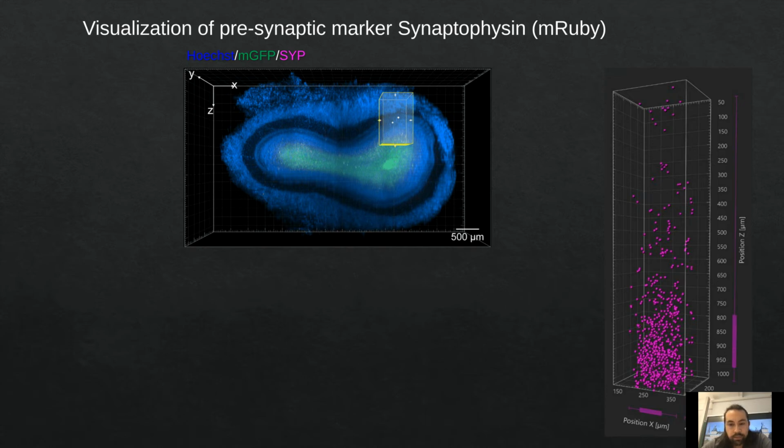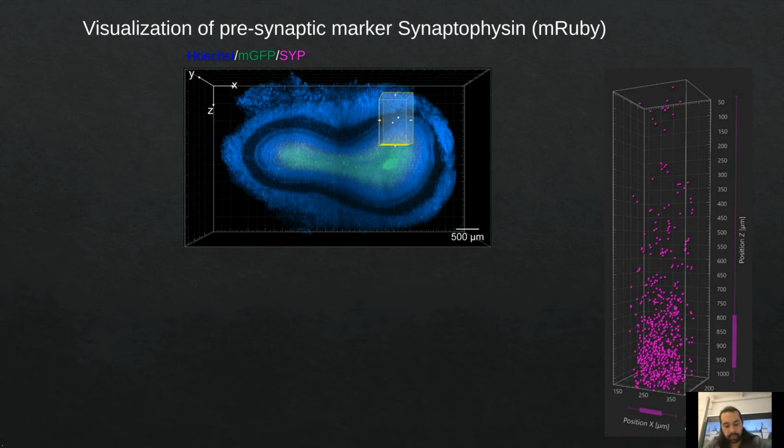And that is what we quantify and what you can see there in the right part of the slide. So we are able to identify precisely where the synapses are, taking into account the colocalization of the marker, this mRuby or synaptophysin marker, with the GFP signal.